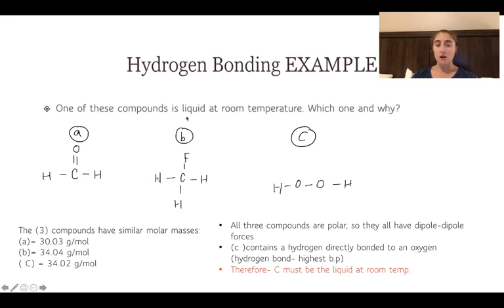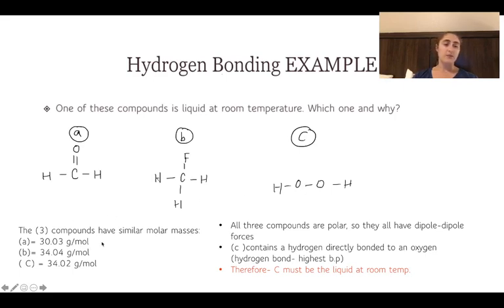Okay, let me show you guys an example. One of these compounds is liquid at room temperature. Which one and why? So for this one, we've got carbon bonded to hydrogen and oxygen, here we've got carbon bonded to fluorine and hydrogen, and then here we've got oxygen bonded to hydrogen.